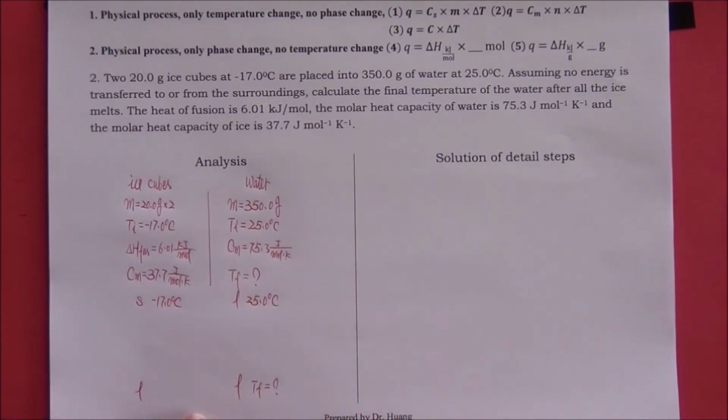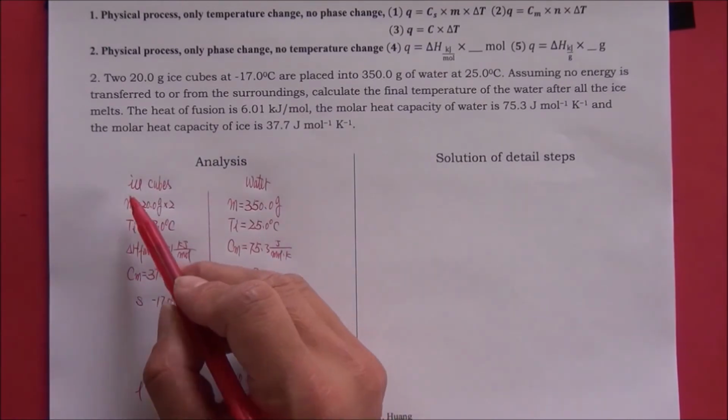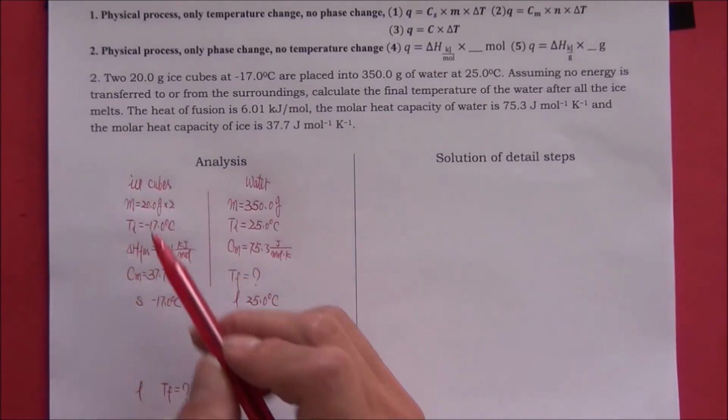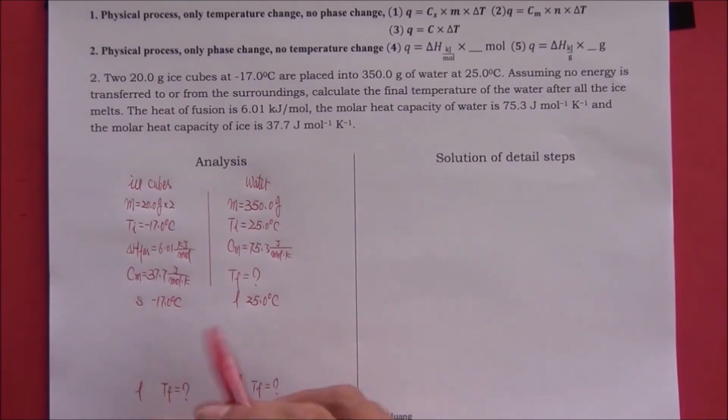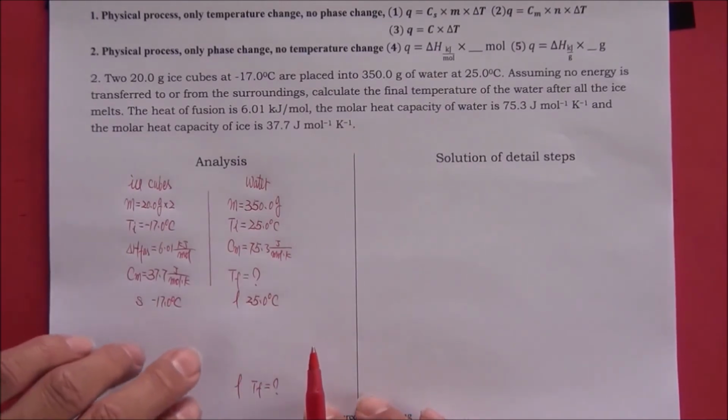And also, from what we have learned in class, when you mix anything together, they will reach the same final temperature. Therefore, the final temperature of the ice cubes will be also TF. And also, when you turn the ice cubes from a solid into a liquid, they will absorb heat.